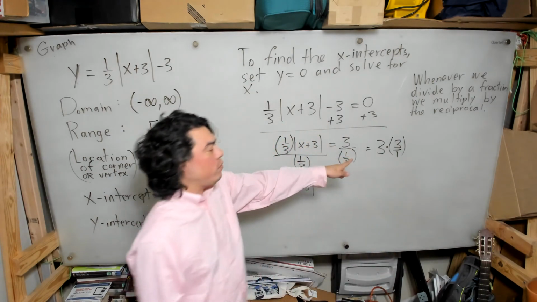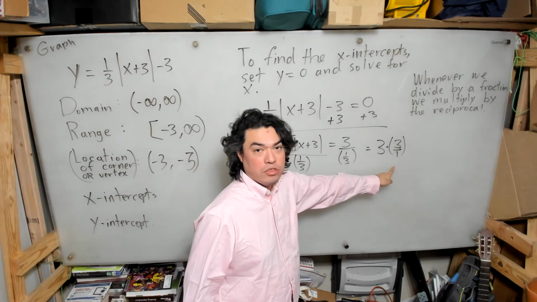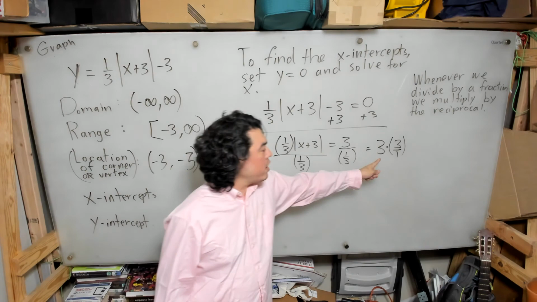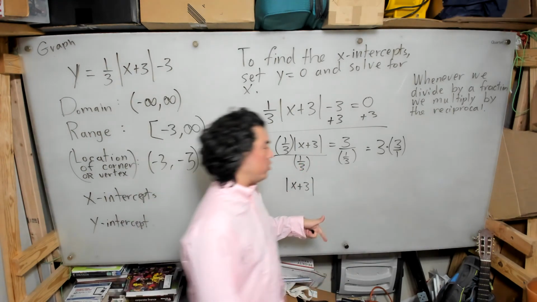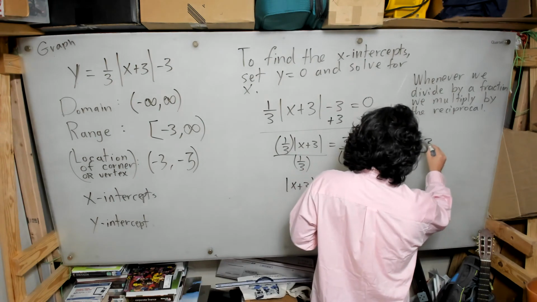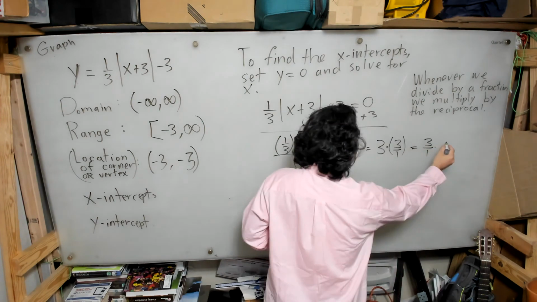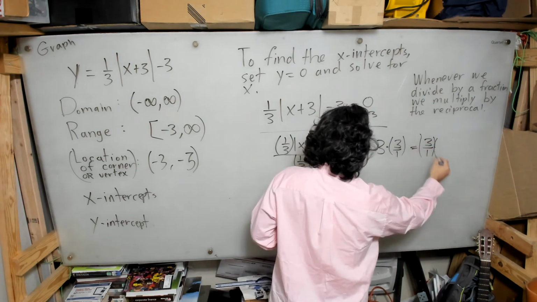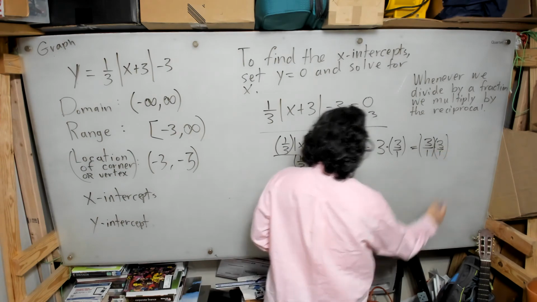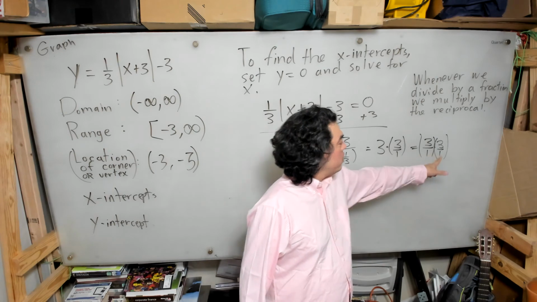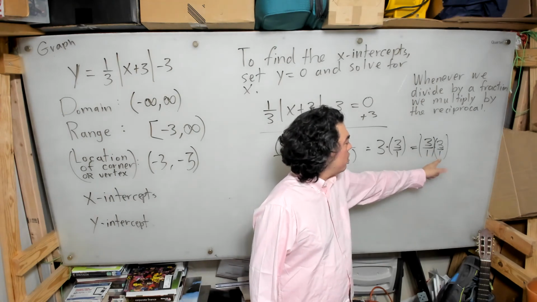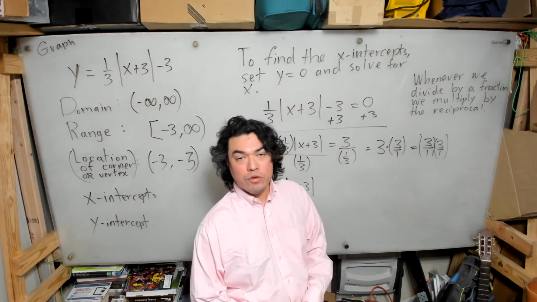Do I know how to multiply this whole number times this fraction? I don't. But I know how to rewrite this whole number as a fraction by setting it as the numerator and 1 as the denominator. So this is 3 over 1 times 3 over 1. This 3 over 1 came from this step here. And then now, do we know how to multiply two fractions? Yes.